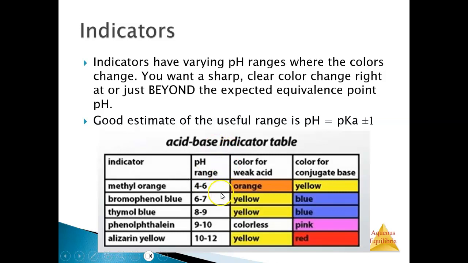In this range, methyl orange would be the most successful one to choose because you can see the pH range of the color change is right about the pH range of what I would expect. And my pKa for my indicator is probably going to be right around 4.5 or 5 because it's going to be plus or minus about where the pH range is.